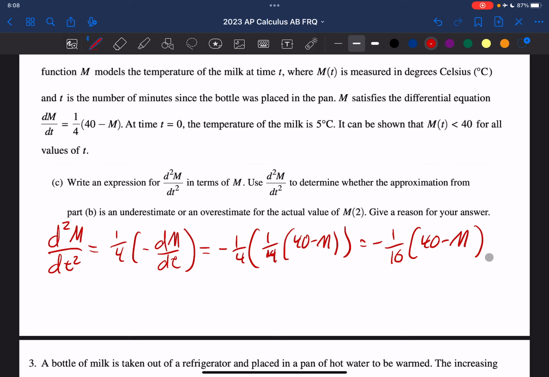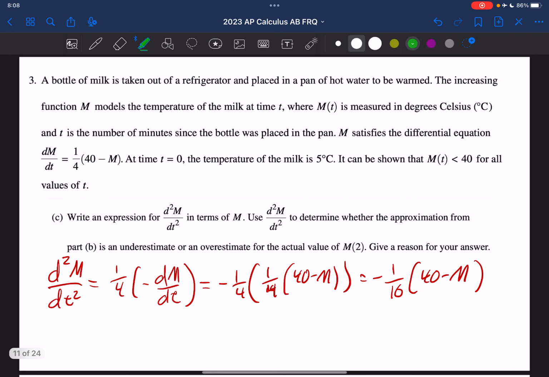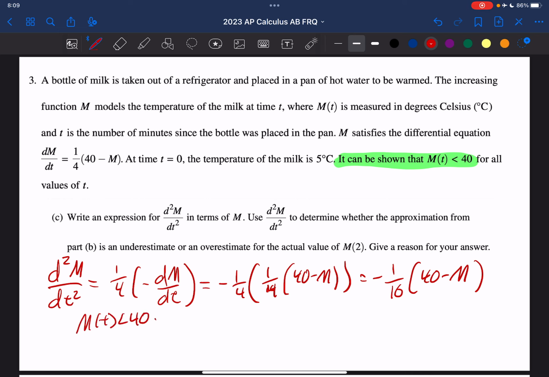Now we want to use this to decide whether the approximation from part B is an underestimate or an overestimate. I want to recall one important thing that we pointed out. It can be shown that m of t is less than 40. Why is that important? Since m of t is less than 40, that means that 40 minus m is always going to be greater than 0.